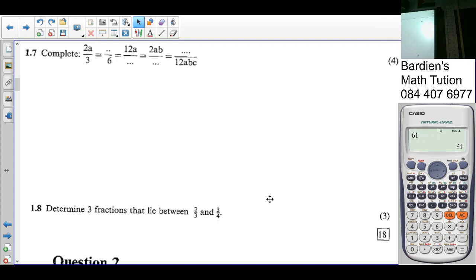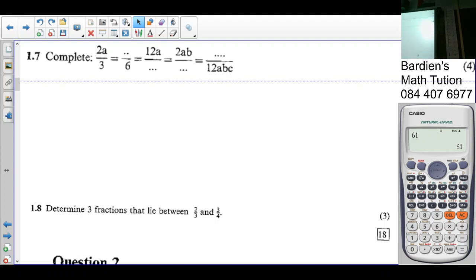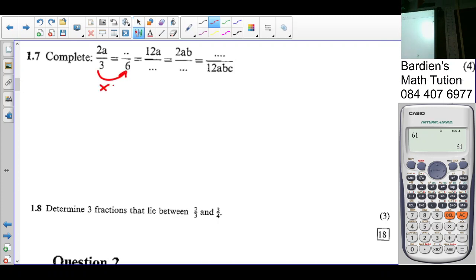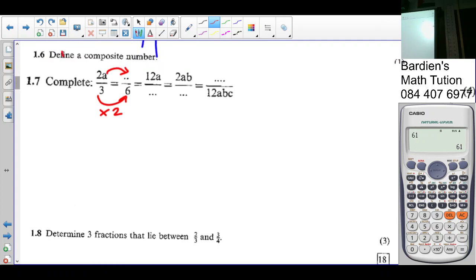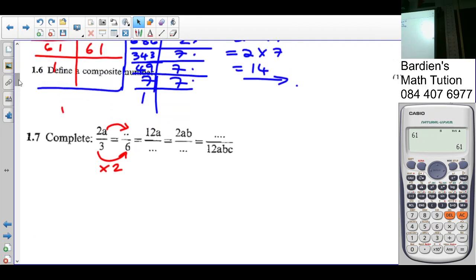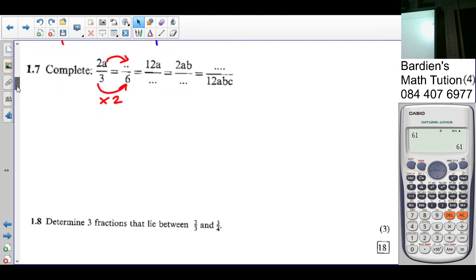So 2a over 3 is equal to what over 6? How do I get from 3 to 6? Times 2. So I must times that also by 2, not so? And what is 2a times 2? 4a.